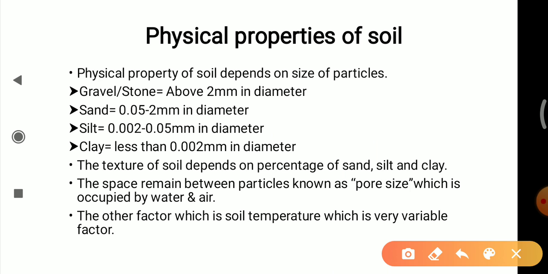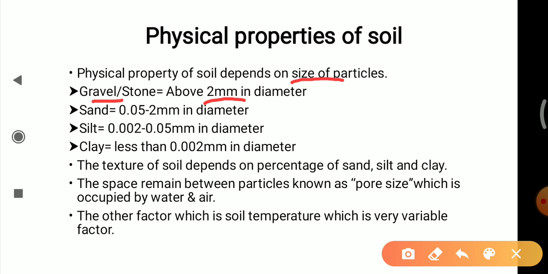Now, here we will see the physical properties of soil. Physical properties of soil depend upon the size of particles. We always see different sizes of particles in the soil, such as gravel or stone, which is above 2 mm in diameter.